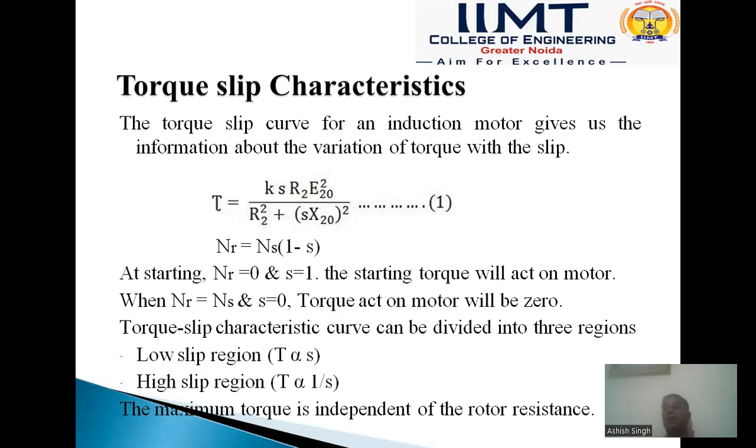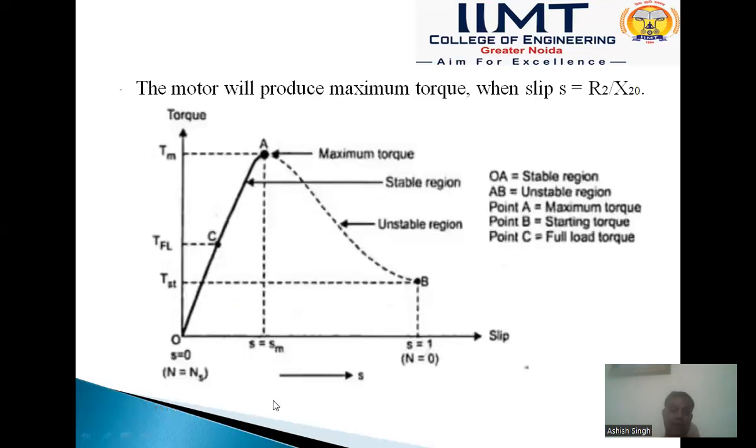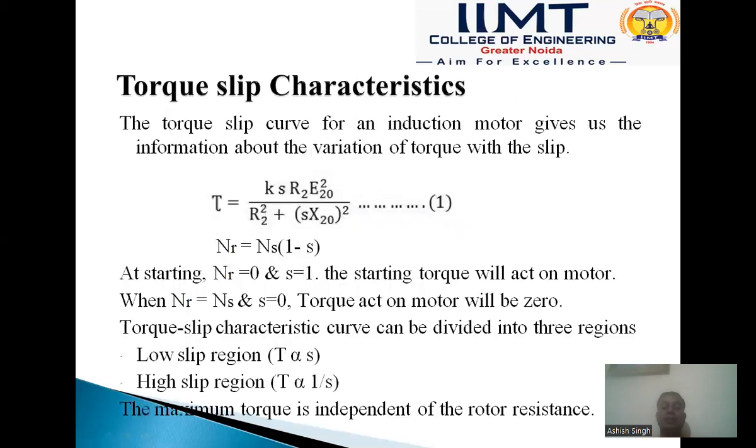That means at low slip region, as slip increases, the torque will also increase. So here we see, as slip increases, torque linearly increases, and it increases very rapidly. After attaining a maximum value, when slip enters into high slip region, the value of s²X₂₀² is much higher than R₂².